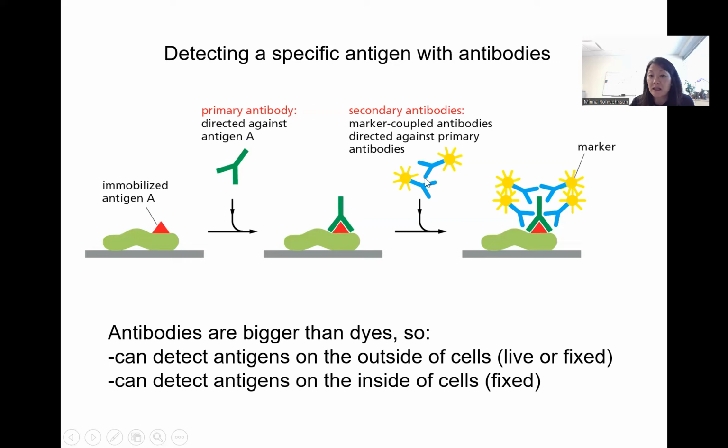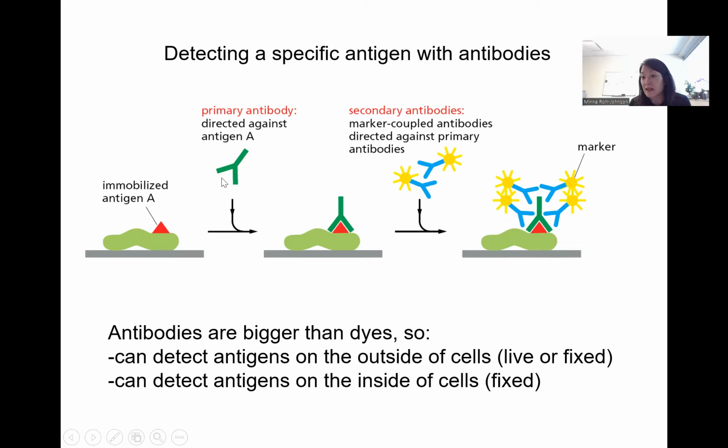And then you can take a secondary antibody that's coupled to something that you can detect, like a marker. Sometimes it's a dye, sometimes a fluorescent protein. That secondary antibody will then detect the primary antibody. You can see this amplification of signal too, to then look at localization of this antigen, this red triangle, in a specific cell or in a specific tissue.